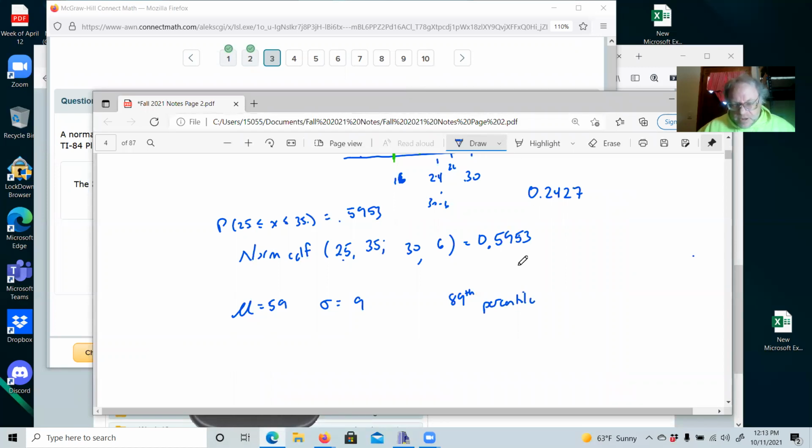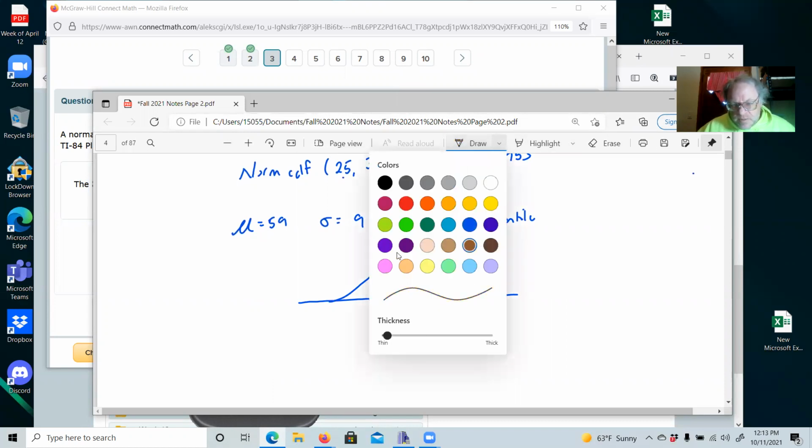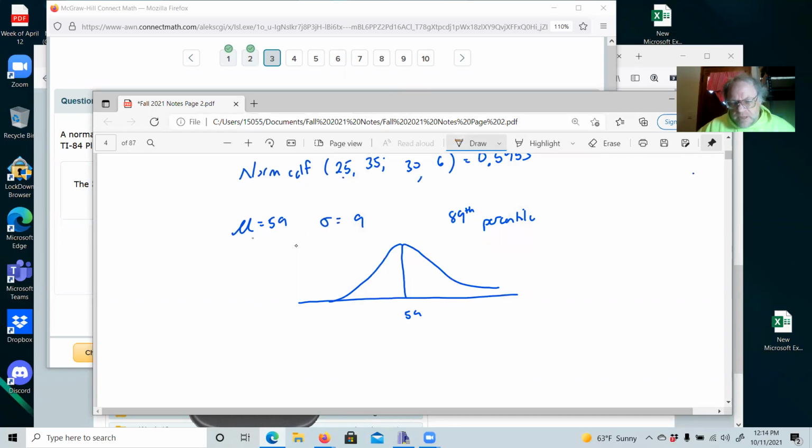So what we're doing here, the way you're supposed to see this: here's our 59, that doesn't really matter. Here's our normal distribution. This area, I don't know what this number is going to be, but I know this area here is going to be 0.89.